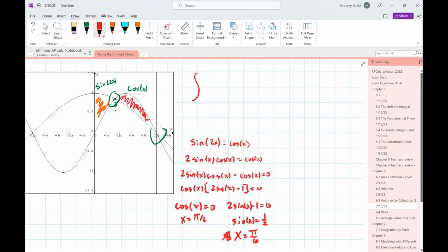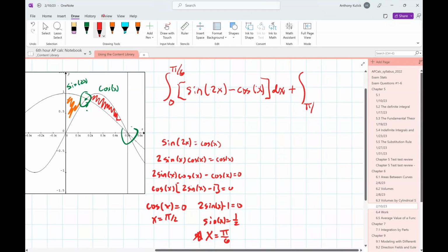All right. So we're going to have two integrals. We're going to have the integral from 0 to pi over 6 of sine 2x minus cosine x dx. And then I have the integral from pi over 6 to pi over 2.